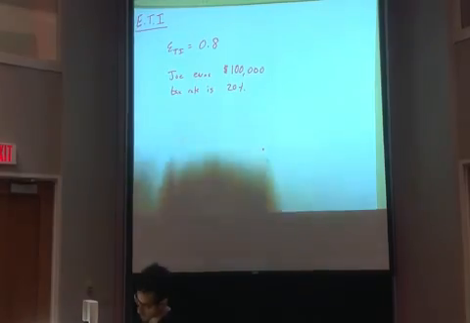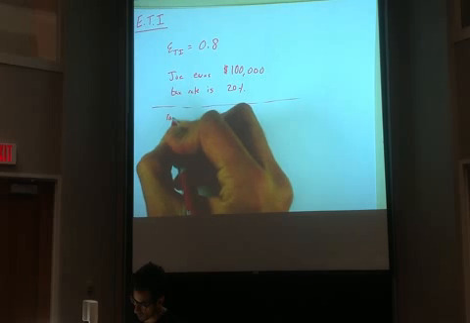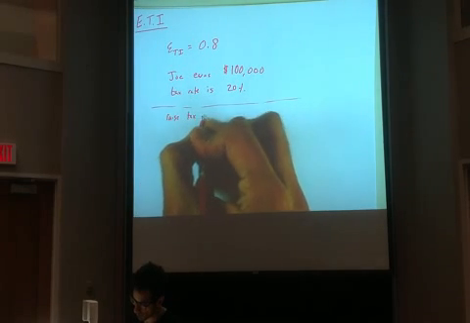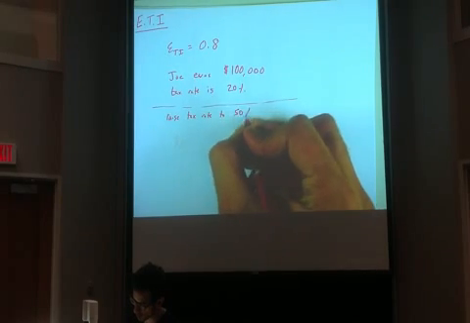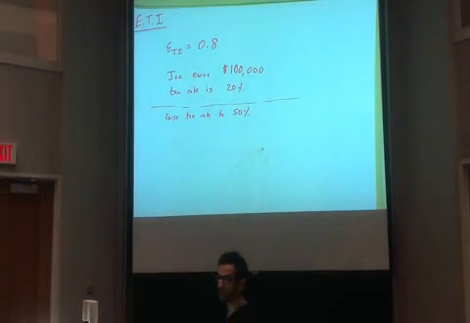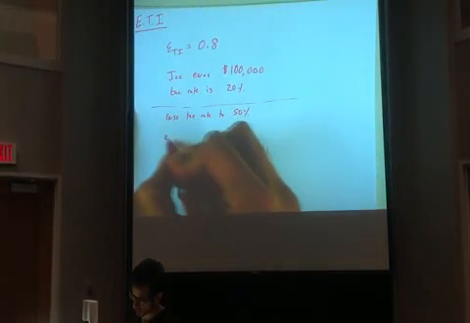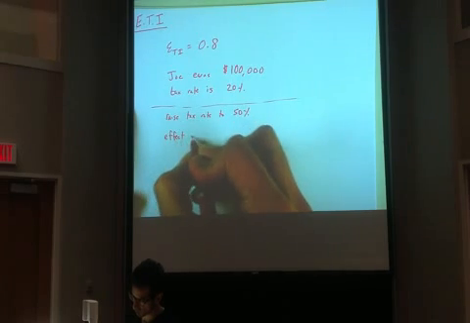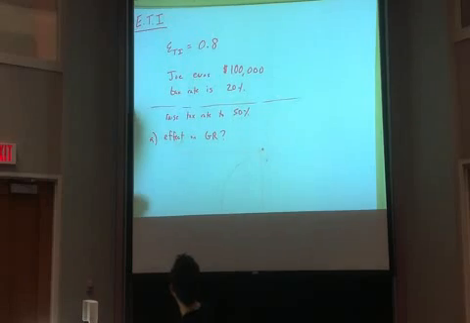Now we're going to raise the tax rate to 50% on Joe. What is the effect on government revenue from this increase in the tax rate? That's our question here.